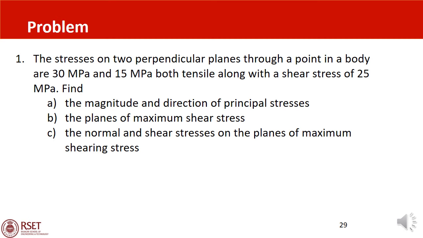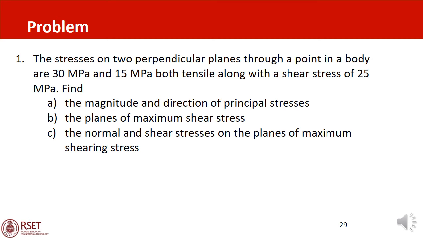So here the values of sigma x and sigma y both are given to be tensile or positive, and the magnitudes are sigma x equal to 30 megapascal and sigma y equal to 15 megapascal, and the shear stress tau xy is given to be 25 megapascal, which is also positive.